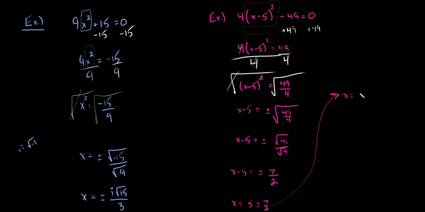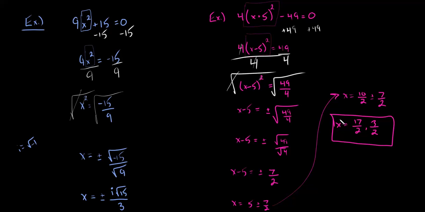You can use your calculator, but you can also do it by hand. 5 is the same thing as 10 halves. So now I just have 10 halves plus or minus 7 halves. Well, 10 plus 7 is 17 over 2, and 10 minus 7 is 3 over 2. So those would be our answers.